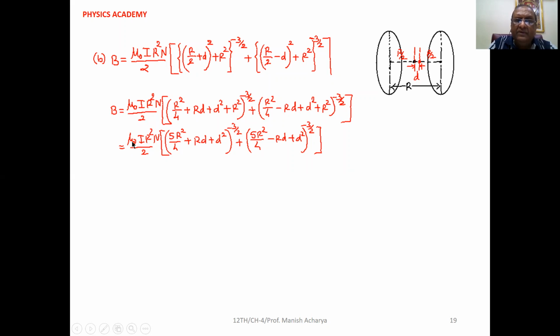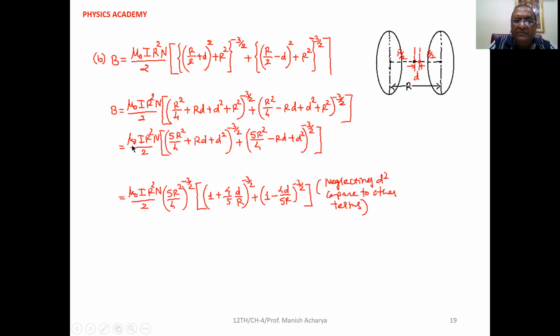Now mu 0 I r square n by 2 as it is, and this r square by 4 plus r square you can write as 5 r square by 4, plus rd plus d square as it is, and raised to minus 3 by 2. For the second bracketed term, you can write again r square by 4 plus r square, that is 5 r square by 4, minus rd plus d square as it is, and this whole raised to minus 3 by 2.